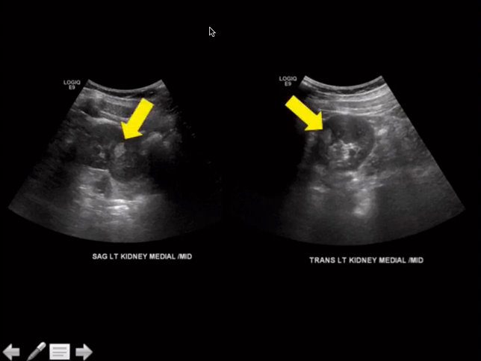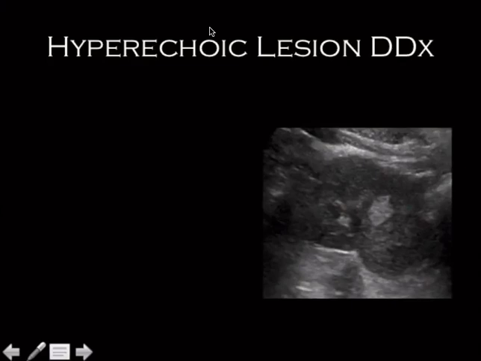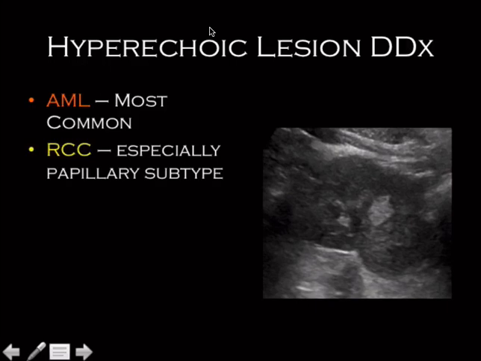So this one obviously is a focal lesion question. It's a hyperechoic lesion, and you're probably thinking, well, that's obviously an AML, because we just talked about AMLs, and AMLs are hyperechoic. True, that's true. But most small renal cell carcinomas, and when I say small, I mean less than 3 centimeters, are also hyperechoic, specifically the papillary subtype.